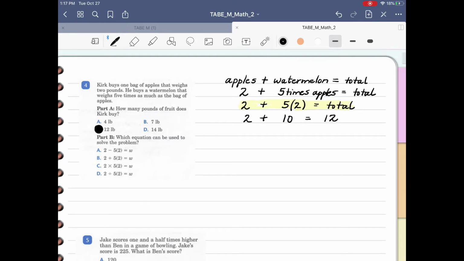Which one of their equations looks just like ours? 2 plus 5 times 2, and that's going to be B. So if you're working the problem out, chances are you're already getting the answer that you need for both parts.